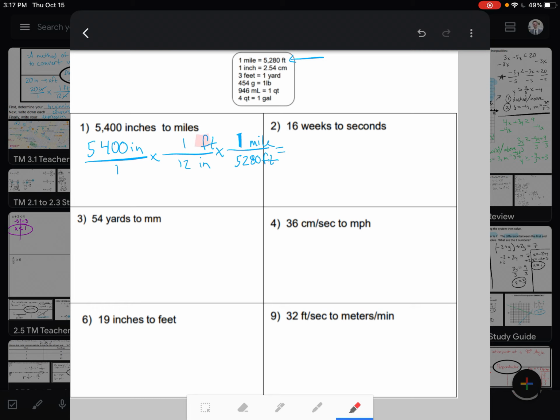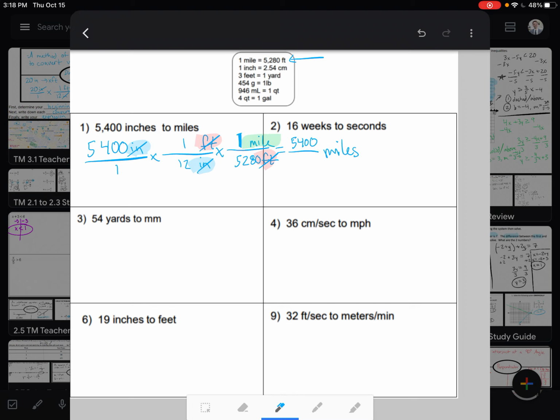So let's color code this so we can see 1 foot on the top and the bottom, so those both cancel. Inches on the top and the bottom, so those both cancel. And we're left with, in green, the mile unit, which is exactly what we want. So when we write this out, again, inch units cancel, feet units cancel, and we're just left with the final term in miles. So multiply everything on top: 5,400 times 1 is just 5,400.